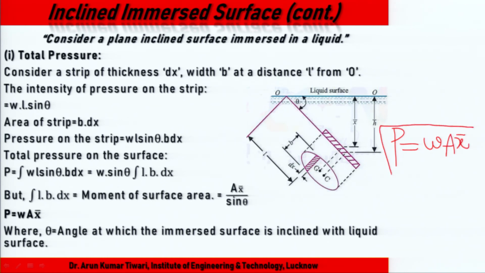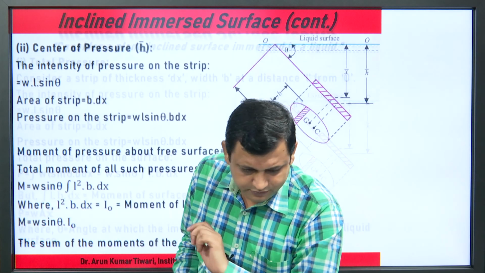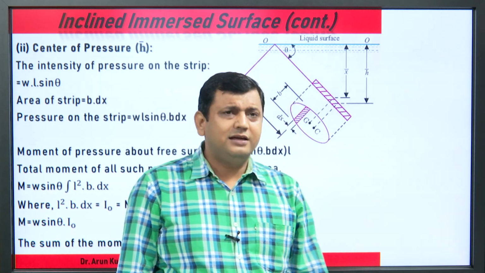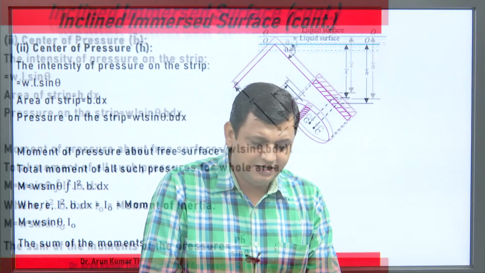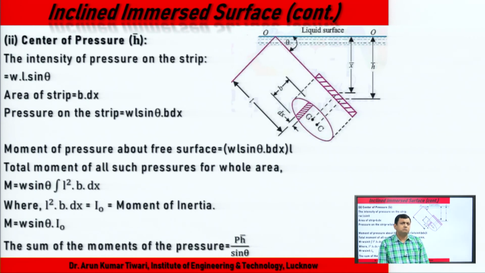In all the cases this is similar: capital P equals W A x bar. If we calculate the center of pressure, it is done in a similar way, like the vertical case.